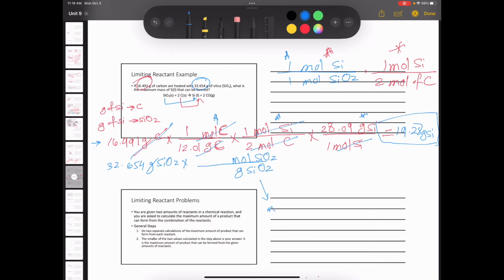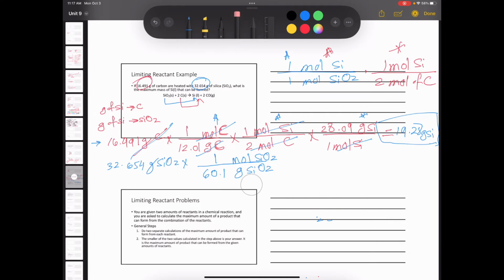By calculating the molar mass of SiO2, which comes from the atomic mass for the silicon, which is 28.09, plus for the oxygen 2 times 16. You add those together, and the molar mass for the silicon oxide is 60.1 grams of silicon oxide for every mole of silicon oxide.